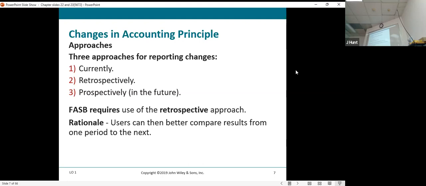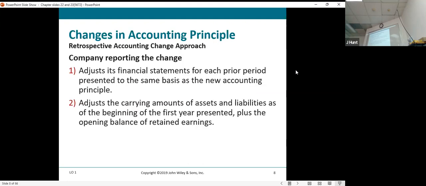So that's really the rationale why they say for change in accounting principle, we have to use the retrospective approach, okay? Now, the reason why 3 are mentioned is because sometimes you can't do that approach, and we'll discuss that in the next few slides. But what does retrospective mean for accounting?